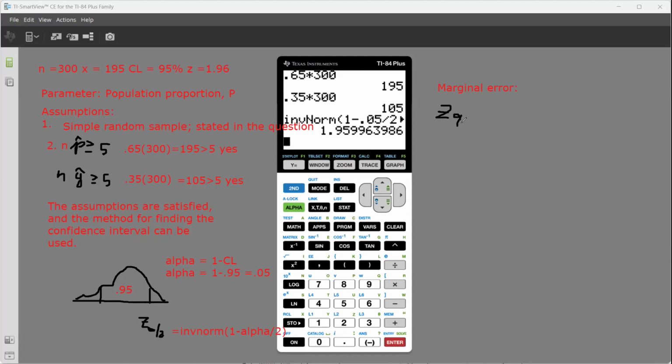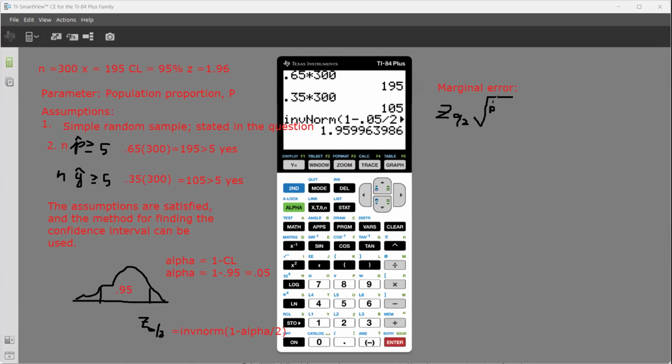We just calculated Z alpha over 2 times the square root of p hat, and we know what p hat is. That's why we had to find them.